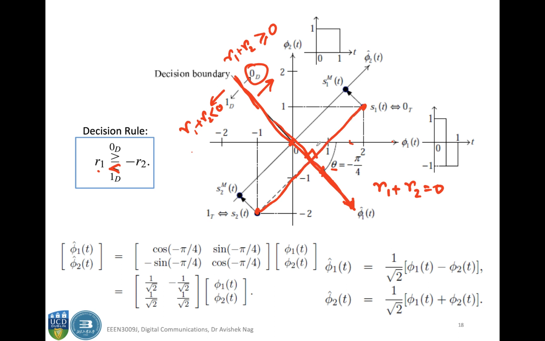Okay, so if your axes are rotated in this direction, then the new set of axes will have a phi 1 hat(t) component, which will also be the perpendicular bisector of the line joining the two signals. Okay, so therefore the rotation will be minus pi by 4, and if that is the case, then you can calculate the transformed axis using this rule, and you can get phi 1 hat(t) as this and phi 2 hat(t) as this.